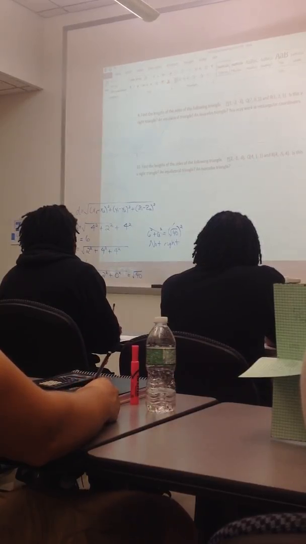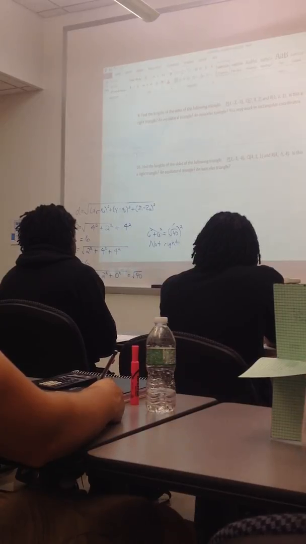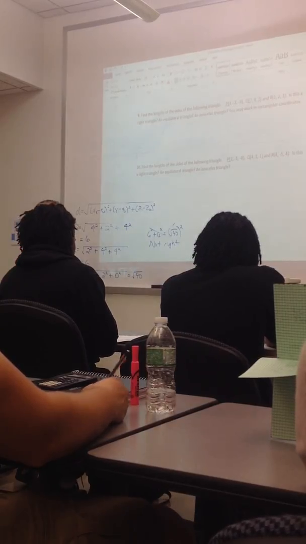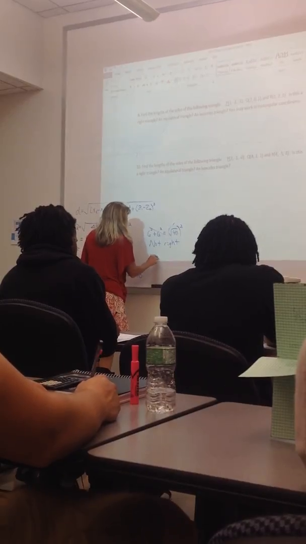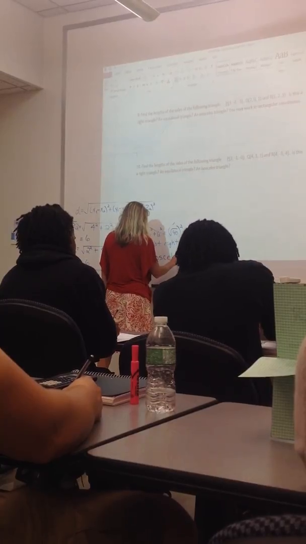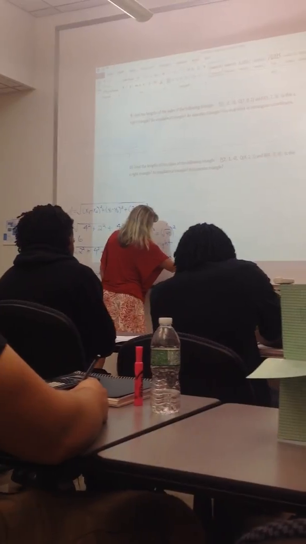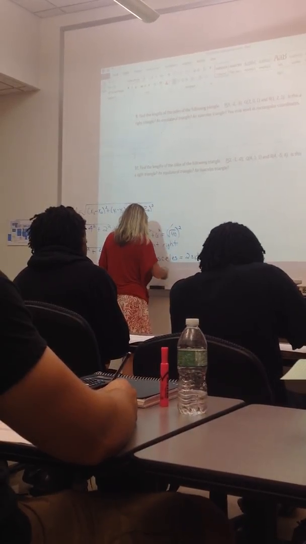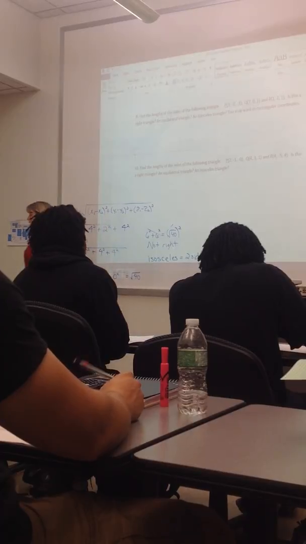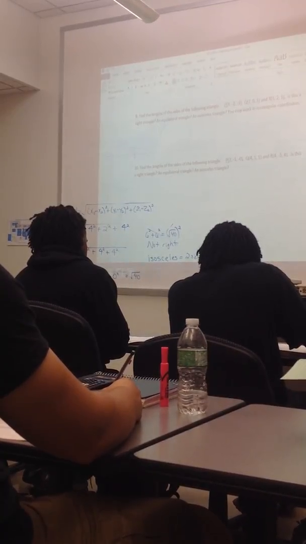Out of those three sides, square root of 40 was the longer side, but 6 squared plus 6 squared does not equal the square root of 40 squared, so it's not a right triangle. It is isosceles because the definition of isosceles is that two sides are equal. And it's possible for it to not be any of those three. But this one did turn out to be isosceles.